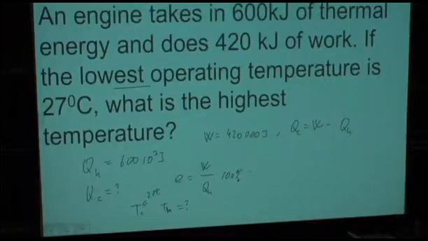And now we have to remember, we cannot use Celsius. We have to use Kelvin. So it's 27 plus 273 divided by TH, times 100%. So that's a very straightforward problem.